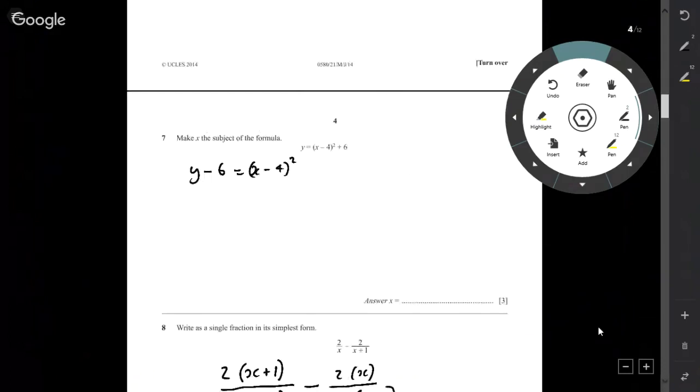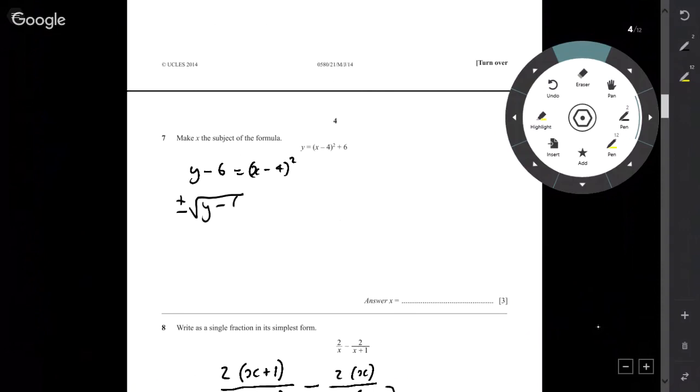Question number 7. Make x the subject of the formula. So we want to get x on one side. So to begin with, I've already taken 6 from both sides, so that becomes y minus 6, and that goes away. So to continue this on, we're going to do the opposite of cubing, which is cube rooting, bearing in mind that a root could be plus or minus. That's something to remember.